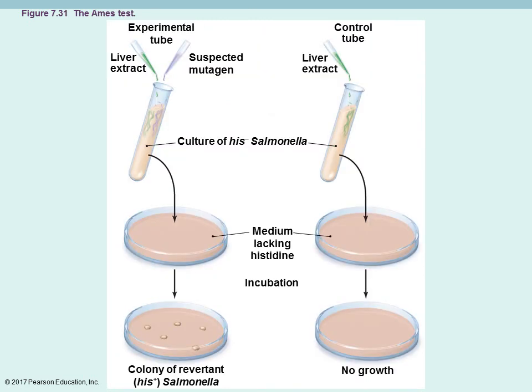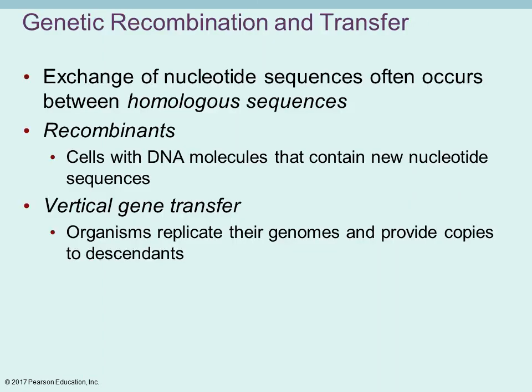Sometimes you can add a dye, so you look for a certain color. So there are different ways that you can look, it just depends on what you're working with and what you are testing for as to how you can identify the mutant.